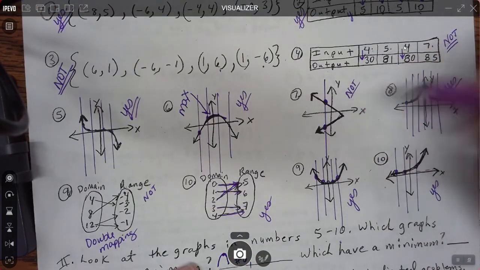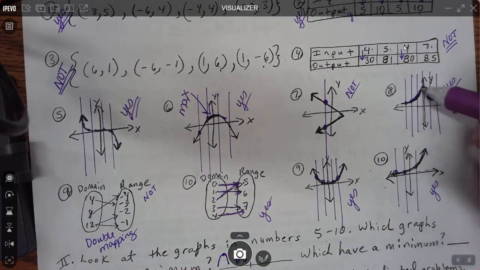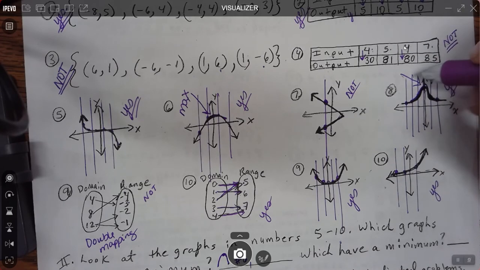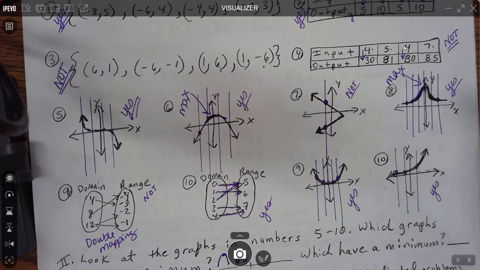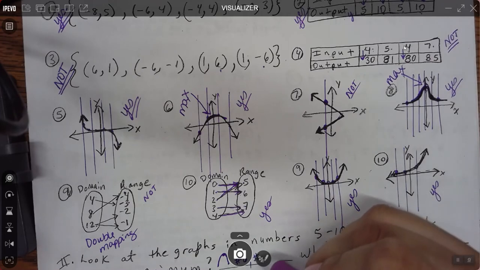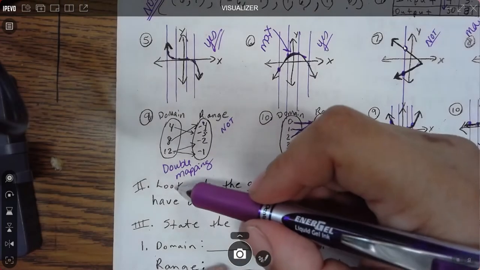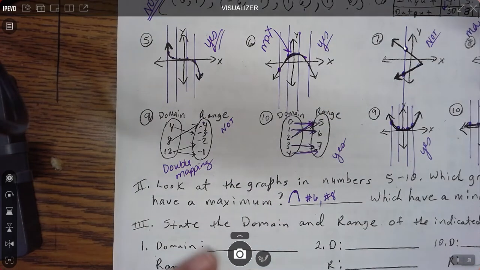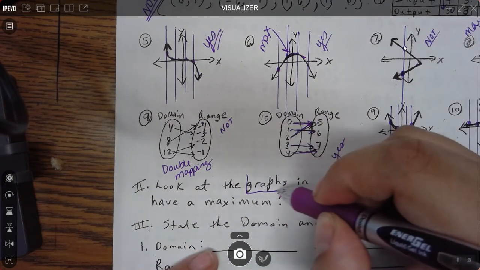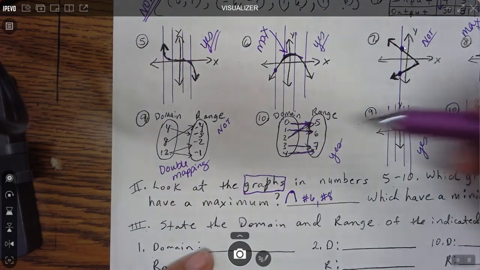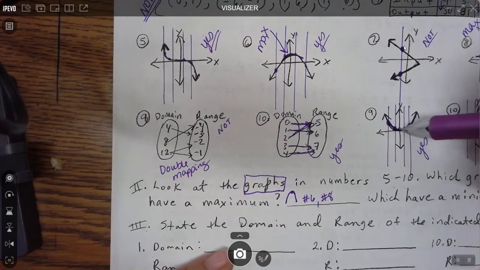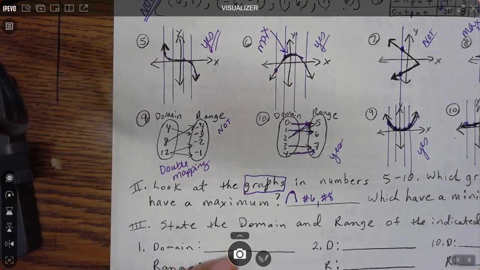Nope, no max here. Yep, this is a maximum right here. So number 8. Let's see. We're only looking at the graphs, okay? So this one, nope, that's not a max, and this one, no. All right, so those are the only ones that have a maximum.